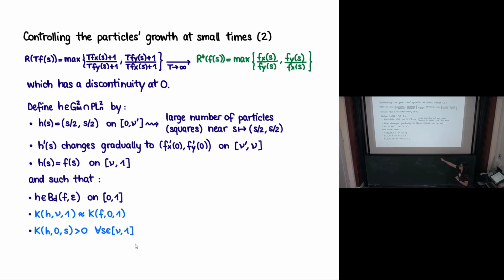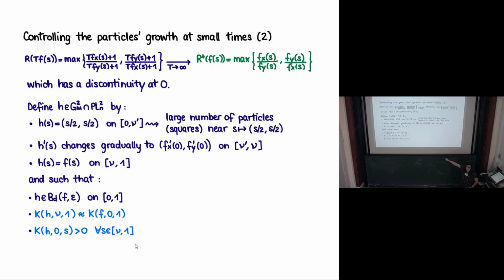So how do I define h? H is going to be a piecewise linear function, which is also good, so it's the nicest function I can think of. And it behaves like this. So up to really small times, it's just two straight lines with drift a half. A half not being important, the important thing is the drifts need to be identical. So what am I actually doing here?